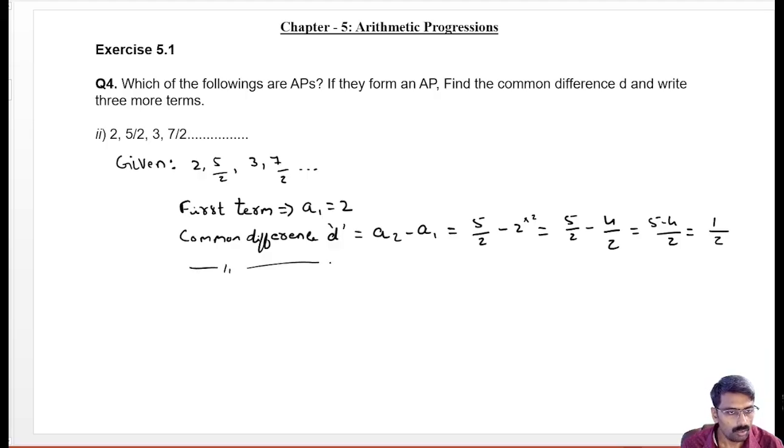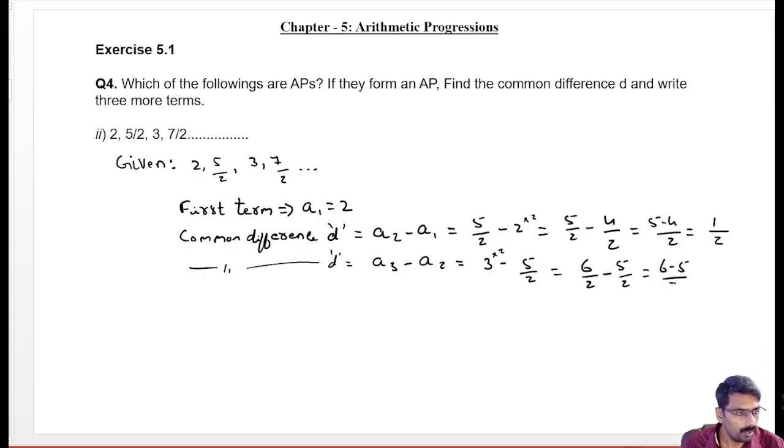Similarly, the second common difference, A3 minus A2, would be equal to 3 minus 5 by 2. Here we need to multiply by 2, so it will be 6 by 2 minus 5 by 2, which is equal to 1 by 2. Here our common differences are equal.